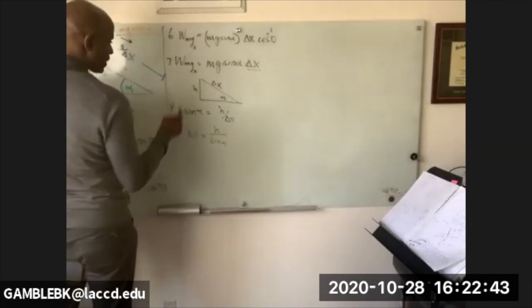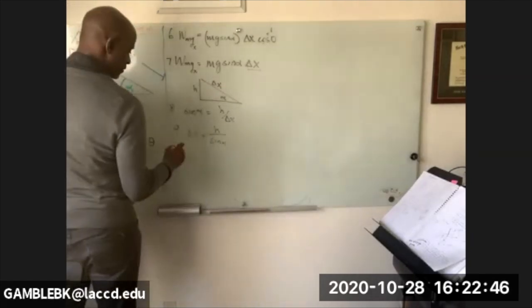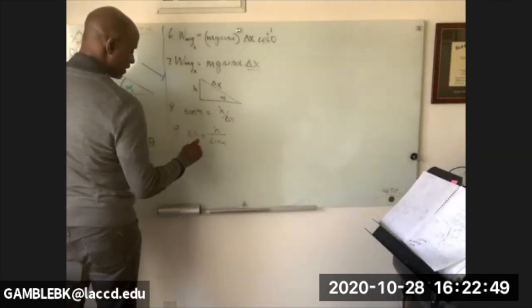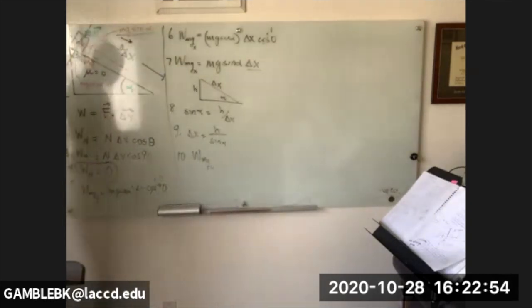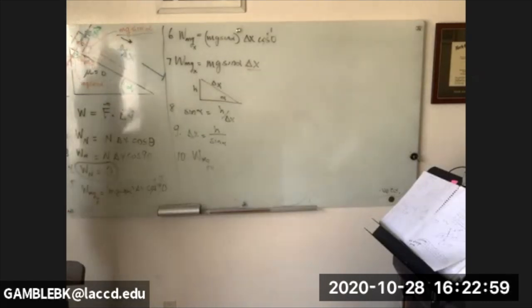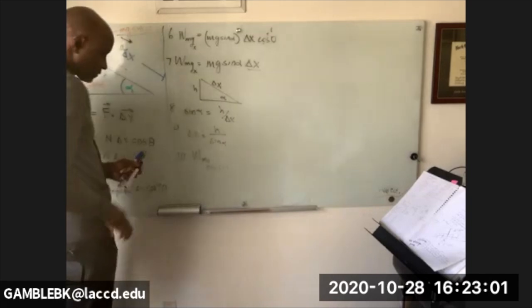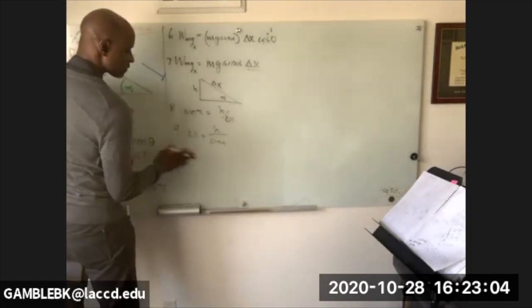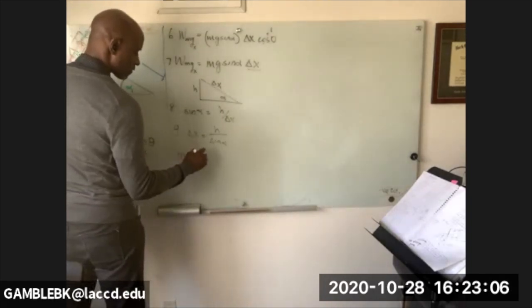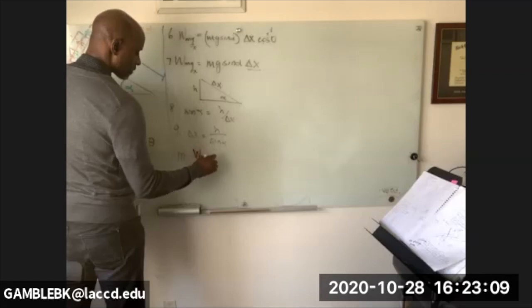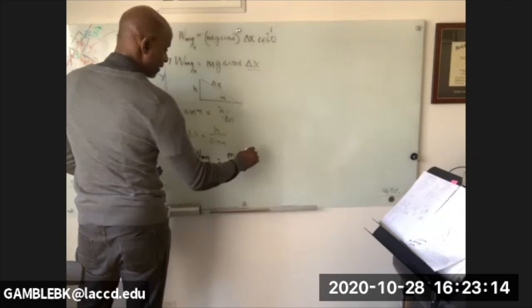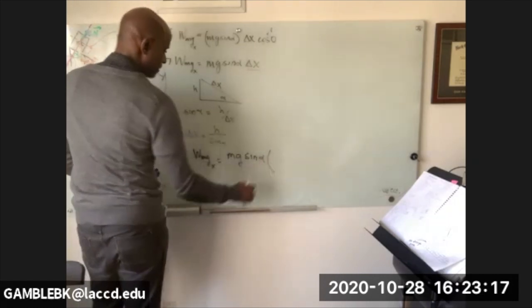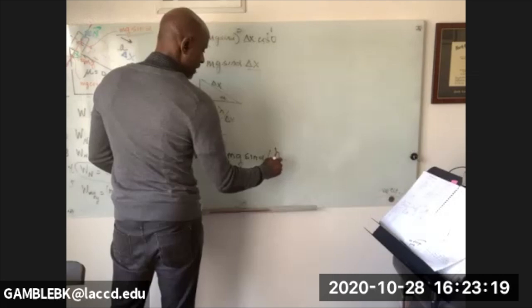Now, if we substitute equation 9 into equation 7, this is what we have. The work done by gravity, that's the only thing that's actually doing work, is equal to mg sine alpha times h divided by sine alpha.